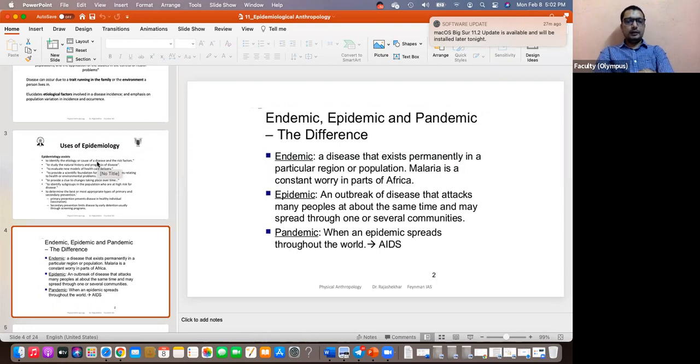So these dynamics do change, and endemic may become epidemic and pandemic and vice versa. Those are defined by a lot of complex interplays. It's not just how fast the infection is spreading, but how well we are prepared and how our immune system is responding to it. A lot of these factors are important here.